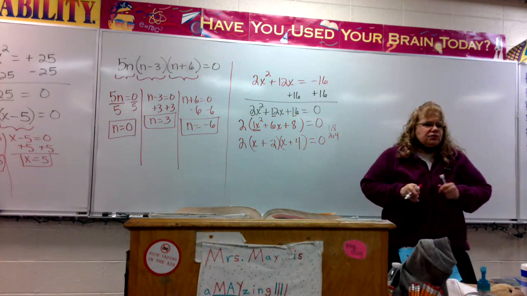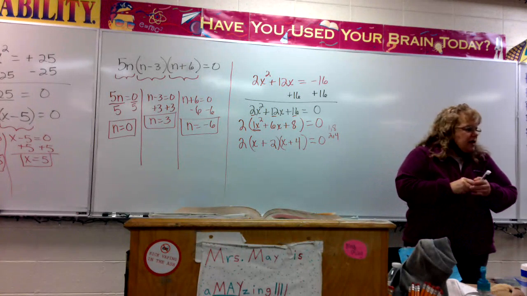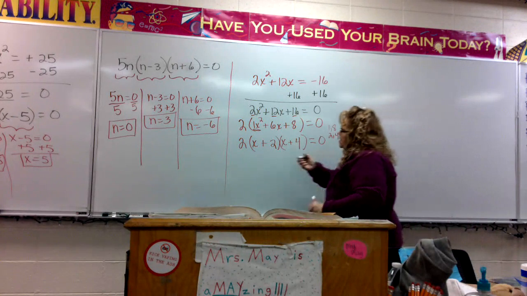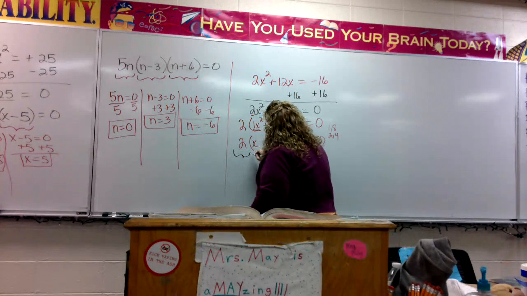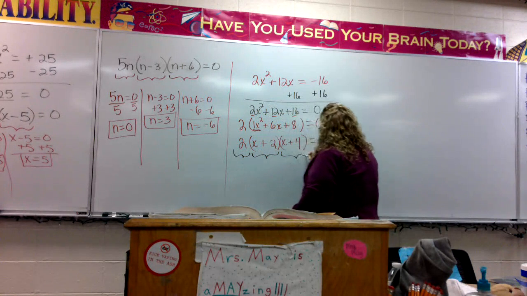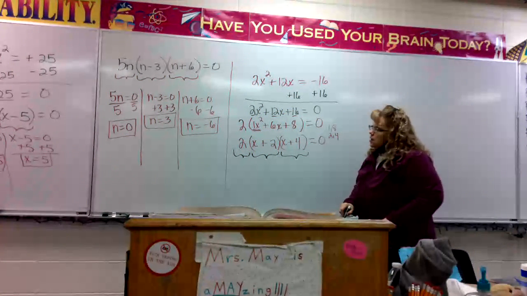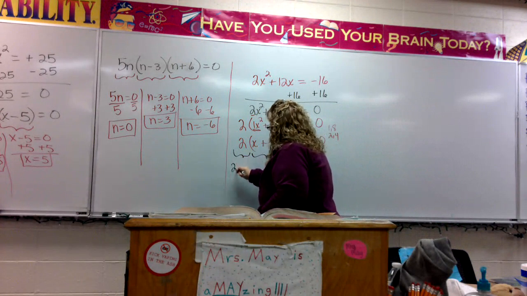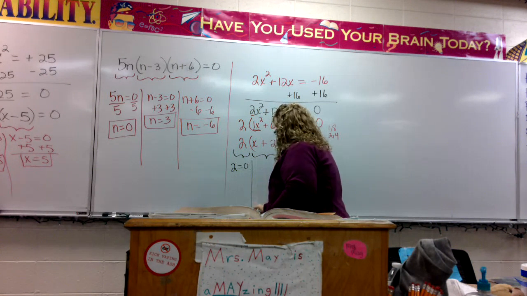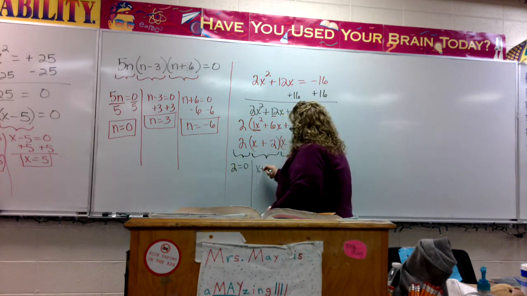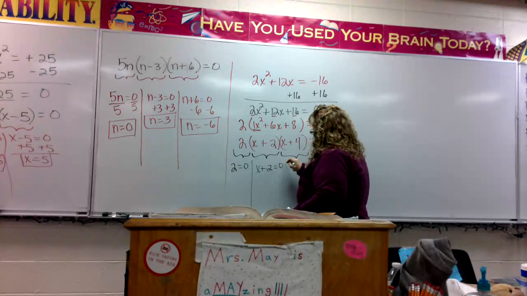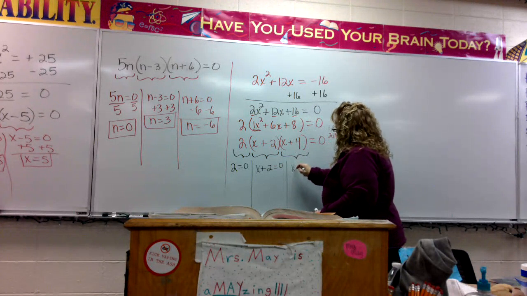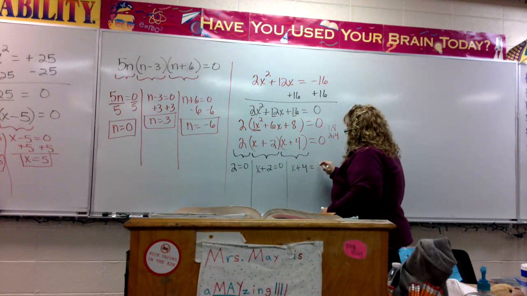So now I have 3 things multiplied together again, right? This one, this, and this. So either this one equals 0, or this one equals 0, or this one equals 0.